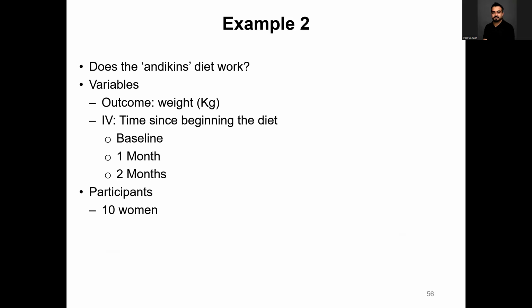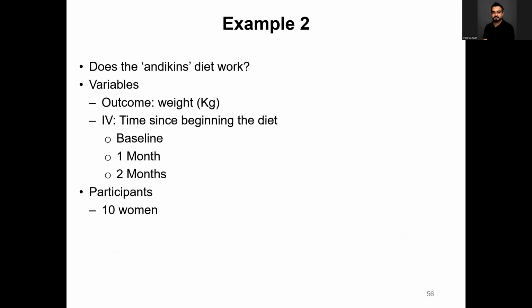So again, my research question is, does the Atkins diet work? Friedman's ANOVA is similar to the Wilcoxon signed rank test, but we have more than 2 time points here.